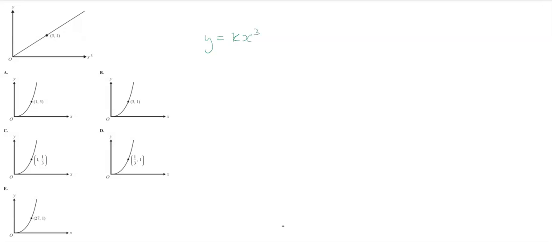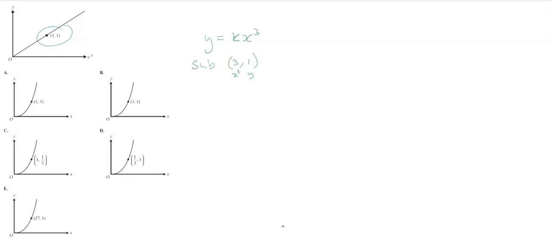Now, because we've been given a single point, we can actually find k by substituting this point into the equation. So we're going to sub the point 3, 1 into the equation. It's worth noting that 3 represents x cubed here and 1 represents y. So when we sub, the 3 will sub in for the whole of x cubed.